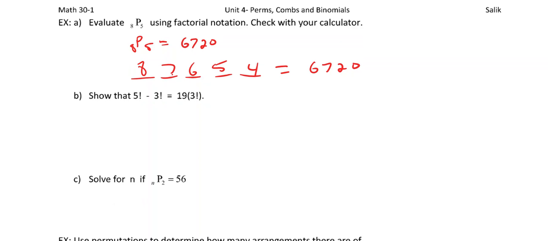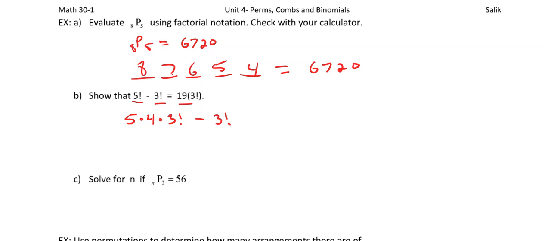Okay, so now just kind of playing around with some factorials here. Let's show that 5 factorial minus 3 factorial is actually the same thing as 19 times 3 factorial. All right, so how we're going to do this is I'm going to take the first one here, this 5 factorial, and I'm going to write this as 5 times 4 times 3 factorial. And then it's going to be that minus 3 factorial.